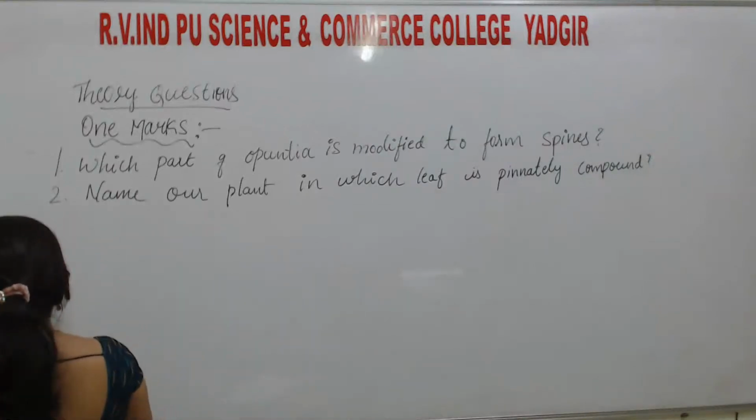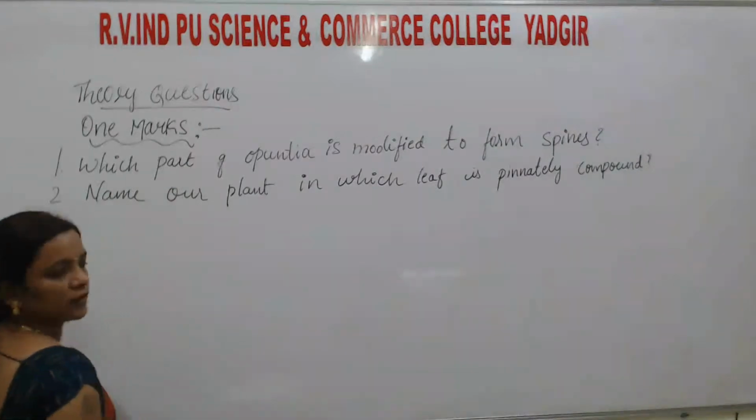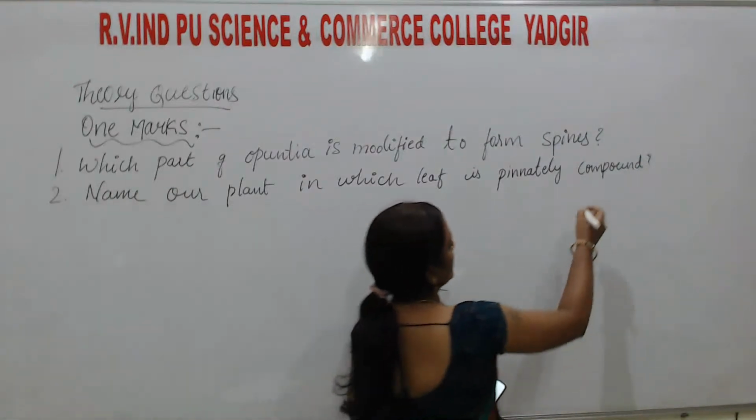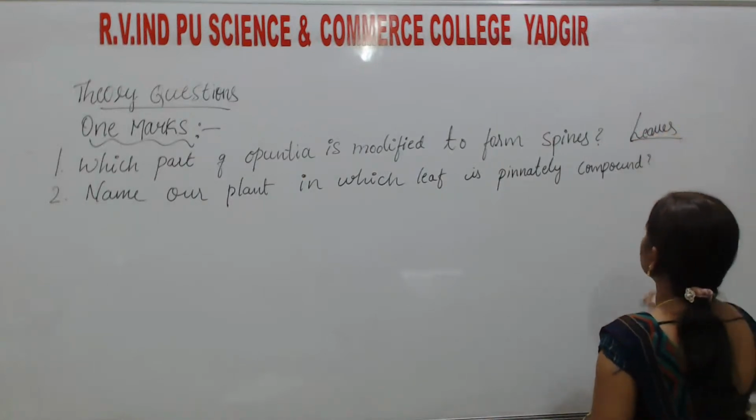Okay, so examples. First question, which part of the plant is modified to form spines? Spines means the answer will be leaves. Leaves are modified into spines.